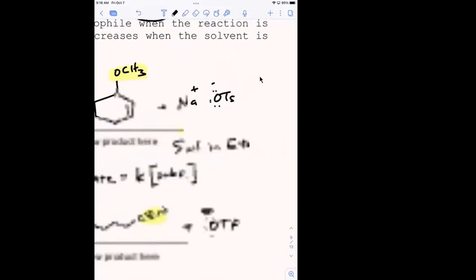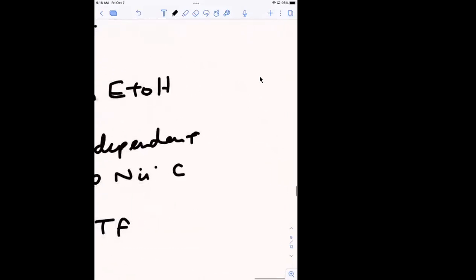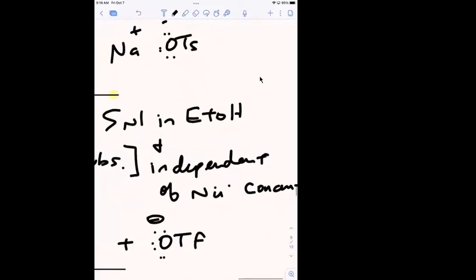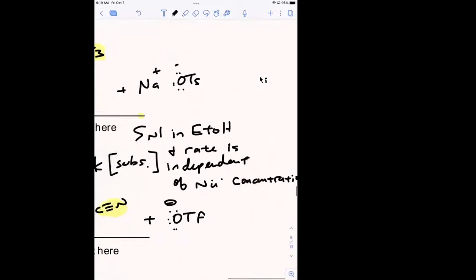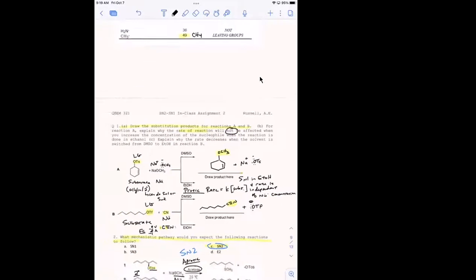So since it's in ethanol, it's SN1 and independent of nucleophile concentration. So if it's SN1, the rate is independent of nucleophile concentration. Good. Let's answer the next question.